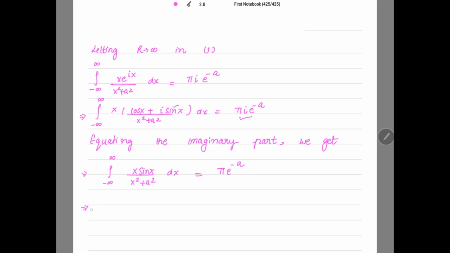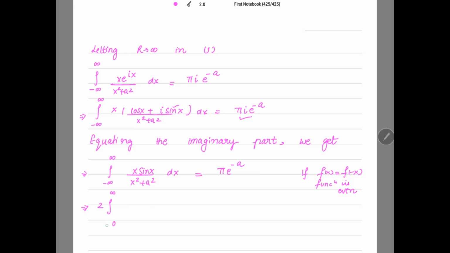So this is 0 to infinity twice, because it is an even function. I have x here and sine of x, and each of these is an odd function, but when we change f(x) to f(negative x), the two are the same. If f(x) is equal to f(negative x), then the function is even.